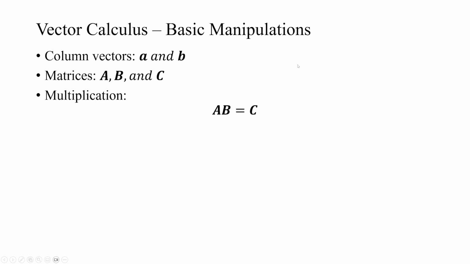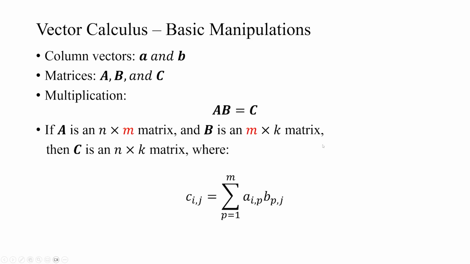Suppose that two matrices, A and B, multiplied together become the matrix C. So what will C be like? Suppose A is an n-row, m-column matrix, and B is an m-row, k-column matrix. Then C will be an n-row, k-column matrix.